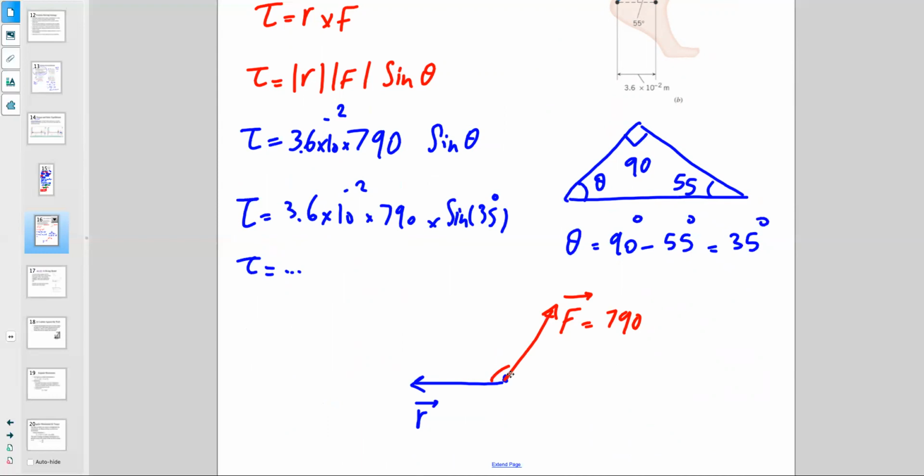And then what you want to do is to find the direction. So put your four fingers along R, bend it towards F. Your thumb will show the direction of the torque, which is inside the plane, which is inside your screen. So this will be towards the center. So tau will be into the screen, or to the center.